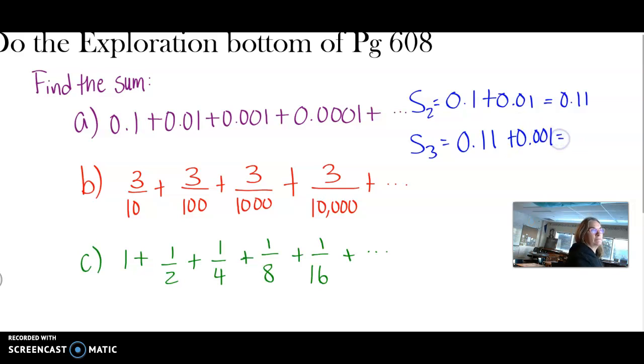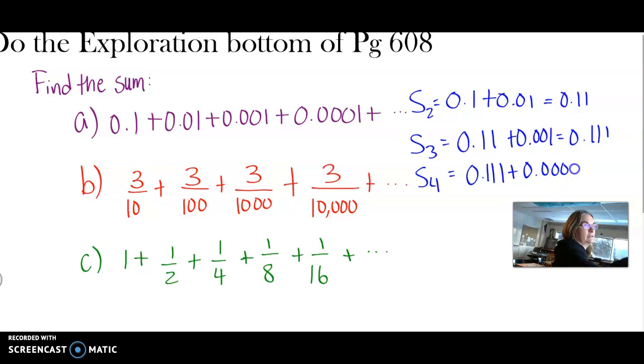If you line up your decimals, you're going to end up with 0.111. S sub 4 is going to be the sum of the first three terms plus the fourth term. We have 3 zeros and a 1. If you line up your decimals and add, you're going to get 0.1111.